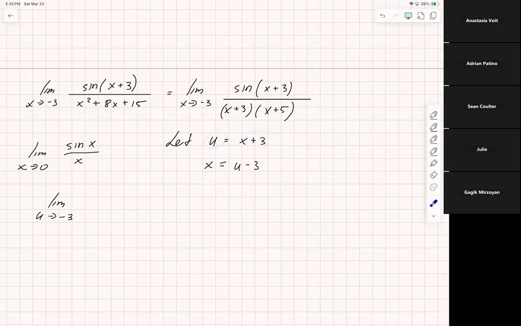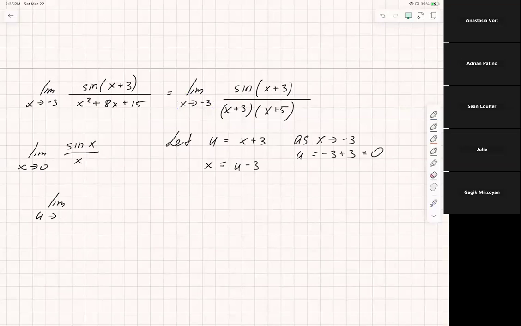So you need to recalculate what that is approaching. As x approaches -3, your u will be approaching -3 + 3, which is 0. Don't forget to change your limits, the condition where we are approaching.